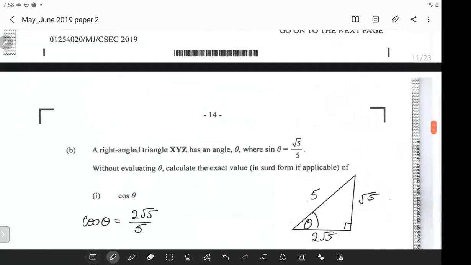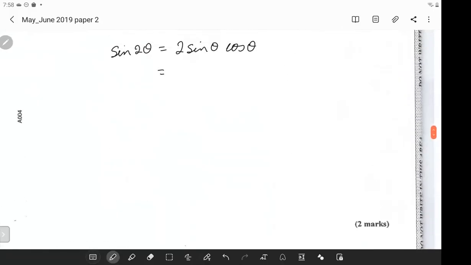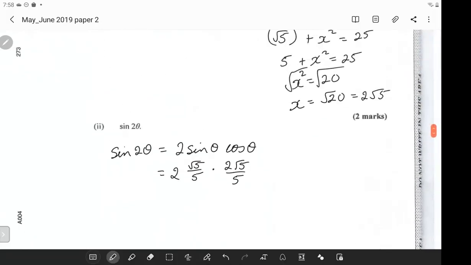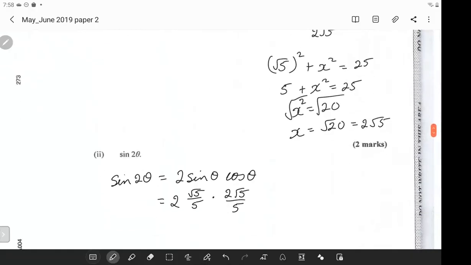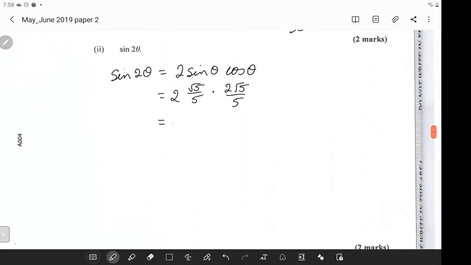And we already know what sine theta is. We are given that. That is root 5 over 5. So we have 2 root 5 over 5 times 2 root 5 over 5, because that is what cosine theta is equal to. So we have 2 times 2, that is 4, times root 5 by root 5, that is 5.